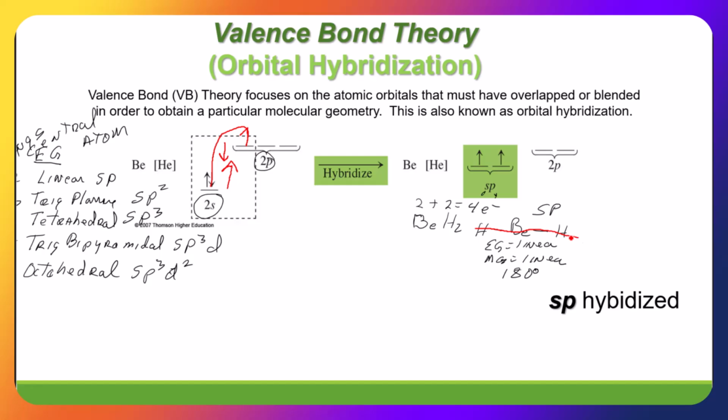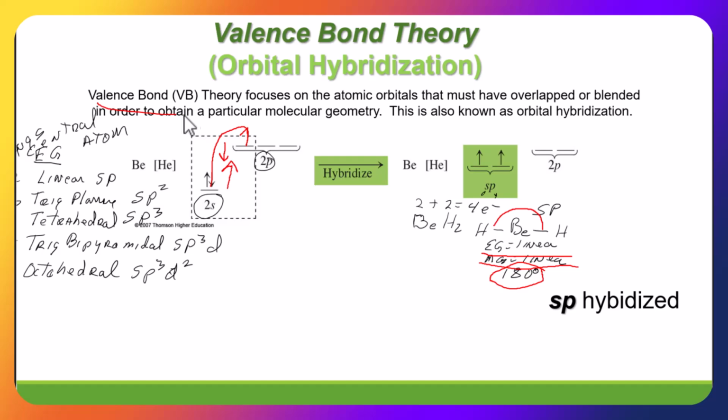The electron geometry is linear, the molecular geometry is linear, and since the electron and molecular geometry are both linear, that means obviously we don't have any non-bonding pairs of electrons on beryllium, so both electron geometry and molecular geometry are the same. The bond angle is half of a 360-degree circle at 180 degrees.